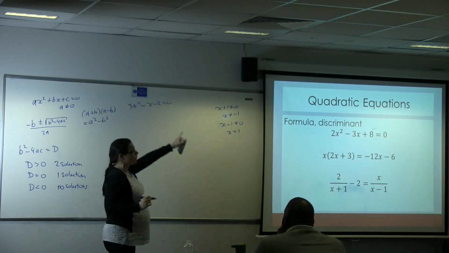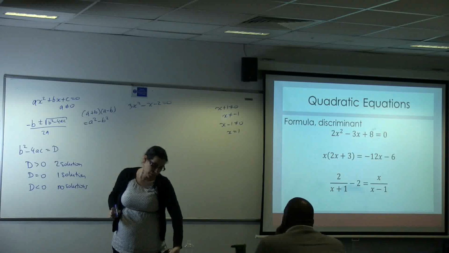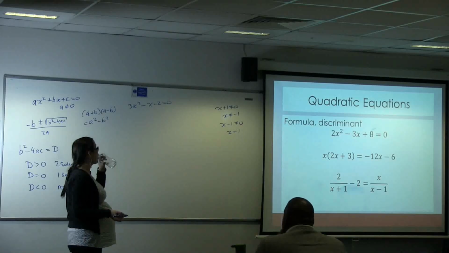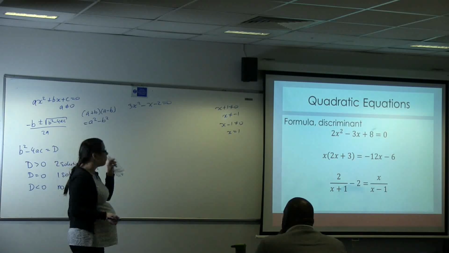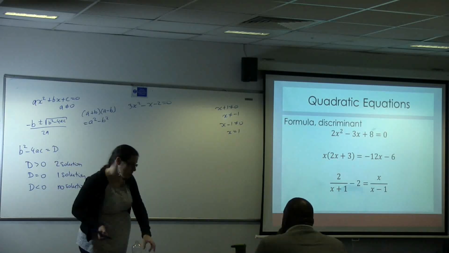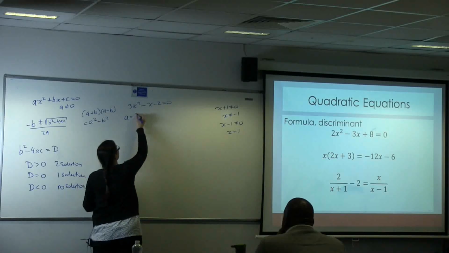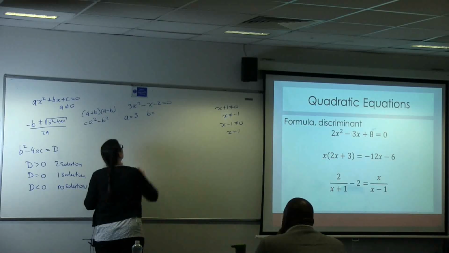Remember, I've got the freedom of swapping the sides of the equation around, because they just have to be equal to each other. It doesn't matter which side is 0. And then what I need to remember now, that A is 3, B is, what is B actually?